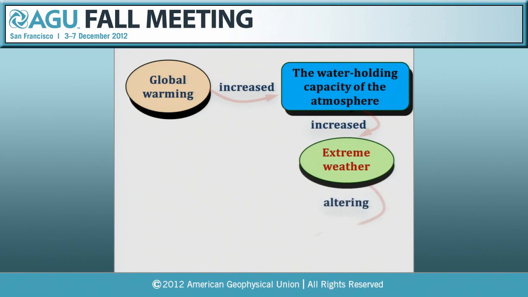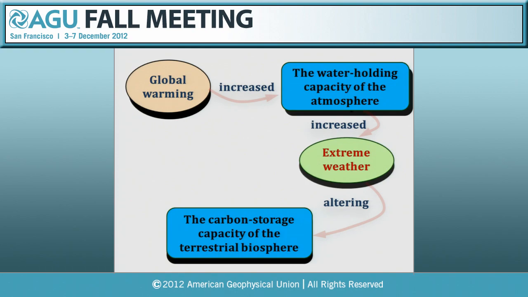So the question is, this capacity change in the atmosphere would change another capacity. What capacity? The carbon storage capacity of the terrestrial biosphere. And this will feed back to global warming by changing the atmospheric CO2 level.